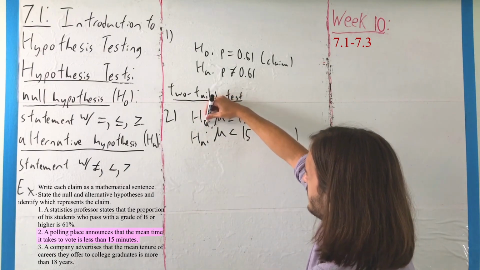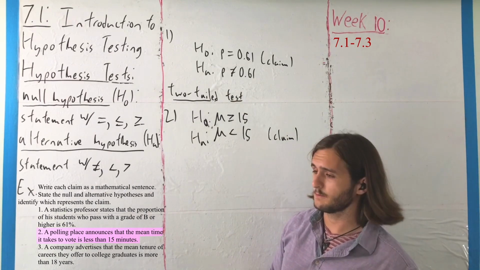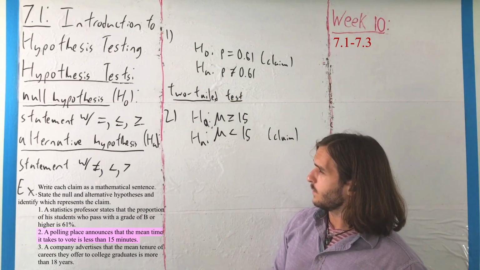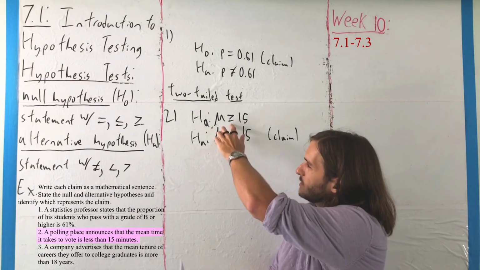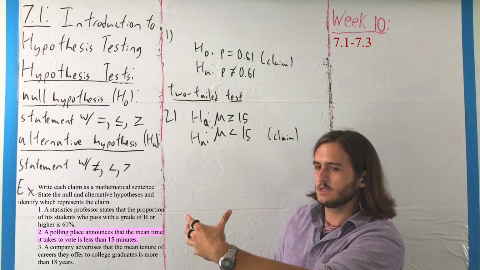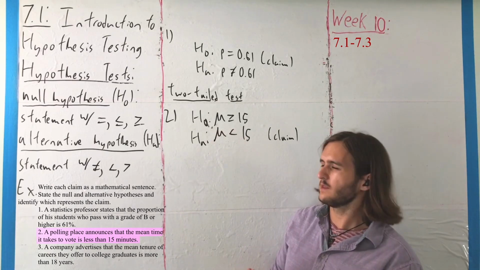And I'll say that in some other texts, in particular the one that we used to use for this class a couple of years ago, when we were making this sort of notation, we didn't bother including that "at least." We would just say that mu is equal to 15 would be our null in that case.